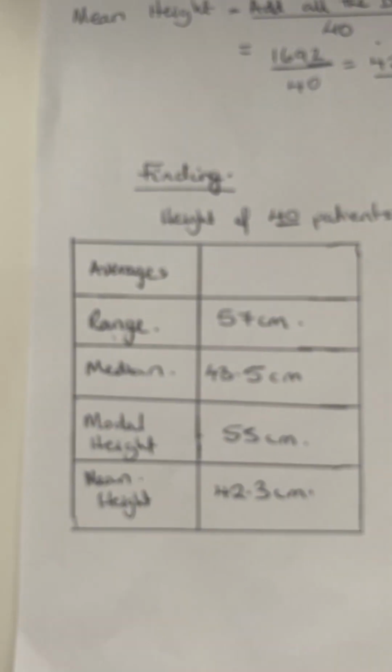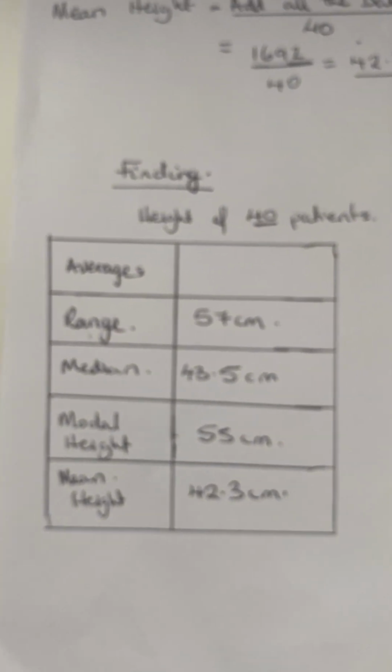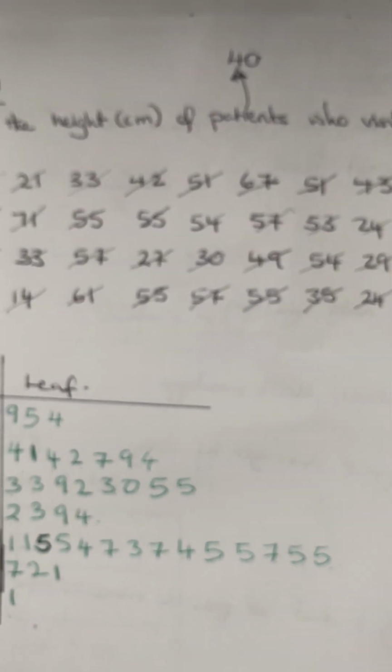Okay, so far that is our findings. Okay, I want to show you the data again so that if you want to work with it. Okay, that is the data. That is the first stem and leaf diagram, not arranged.